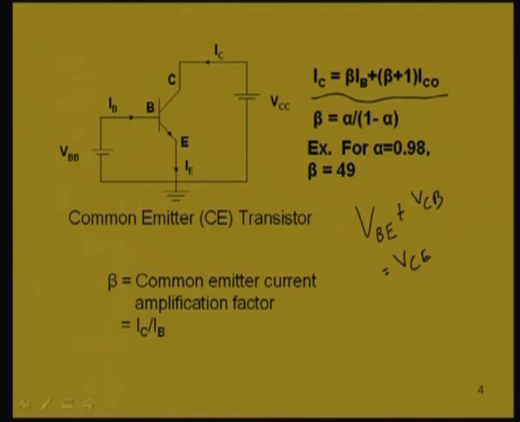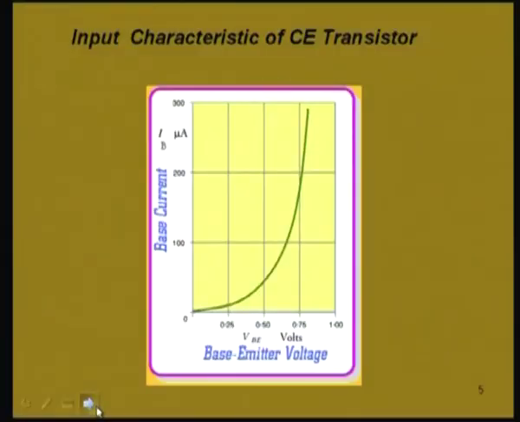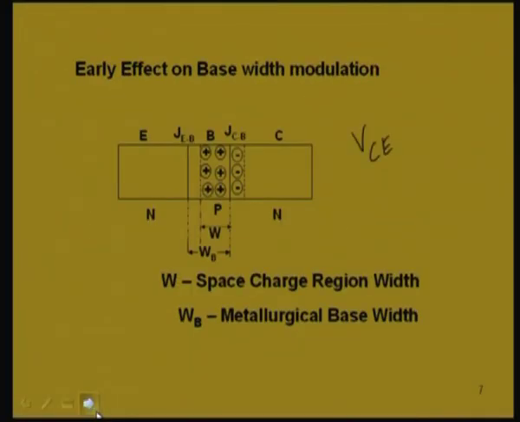So, the increment of VCE will result in the increment of the collector to base reverse biasing voltage, and then there will be a modulation in the base width. If we focus on this base width, say WB, that is the metallurgical base width.